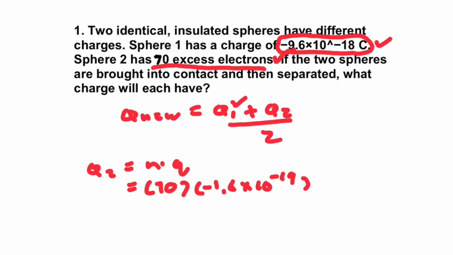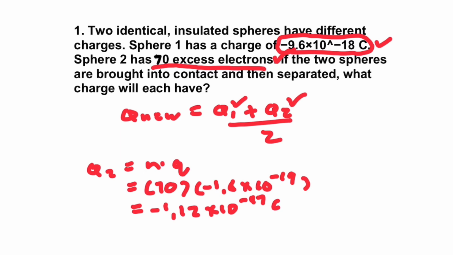So if a sphere has 70 electrons, you just multiply that by the charge of one electron. This is equal to minus 1.12 times 10 to the minus 17 coulombs. So you can see here we are using the law of conservation of charge and the principle of charge quantization at the same time. Okay, so we have Q1 and now we have Q2.